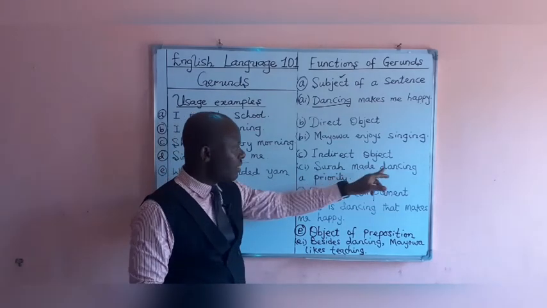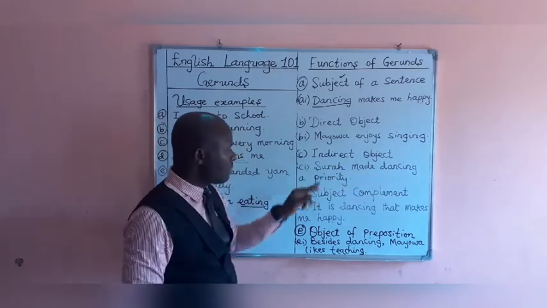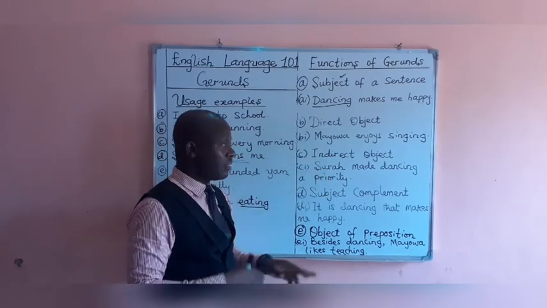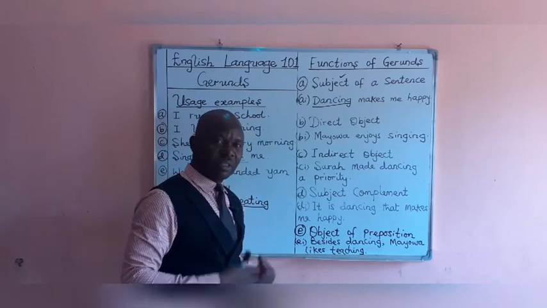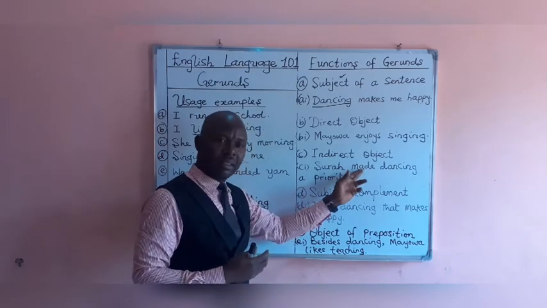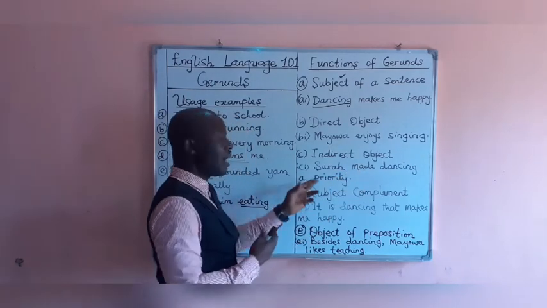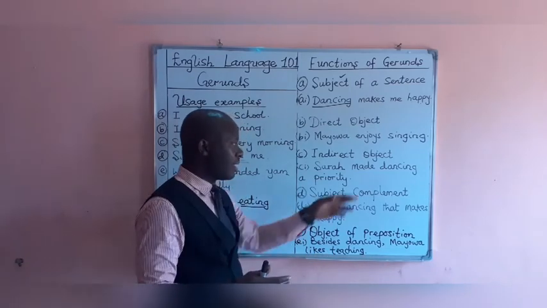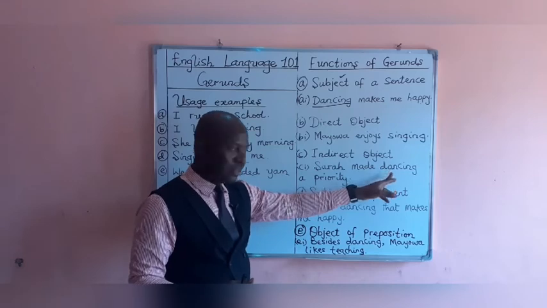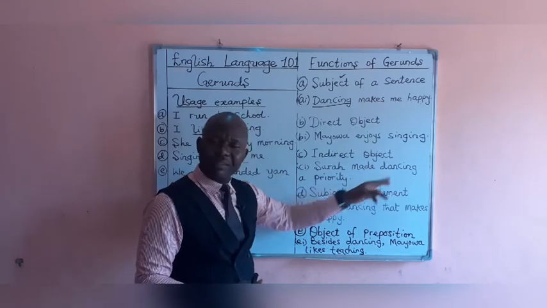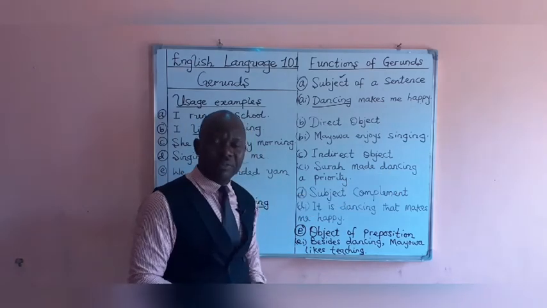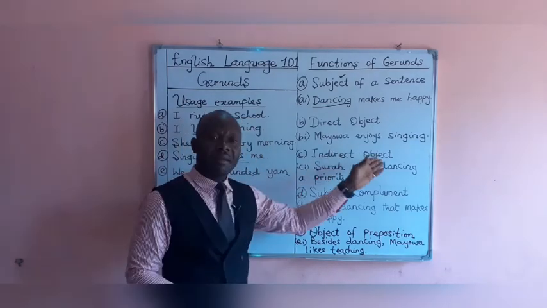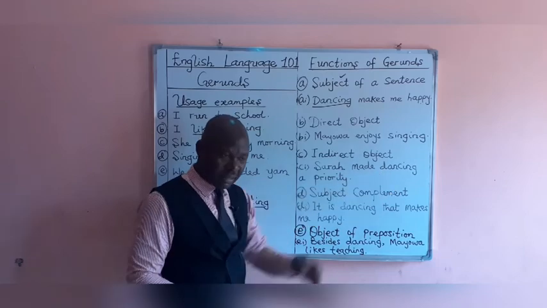Sarah made dancing a priority. Now, Sarah is the subject of the action. She performed the action. What did she make? A priority. What priority is that? Dancing. So dancing here is not functioning as a verb. It's functioning as a noun and as an indirect object of that.